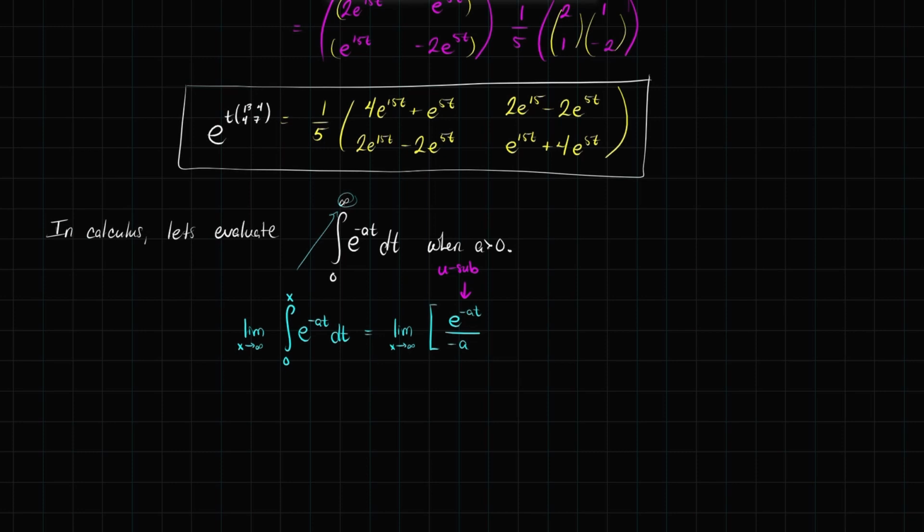And then, because we're evaluating from 0 to x, this is the limit as x goes to infinity of putting x in: e to the minus ax over negative a, minus e to the minus a times 0 over negative a. Or if I simplify, e to the 0 power is 1, it's just 1, and then I'm going to let x go to infinity.